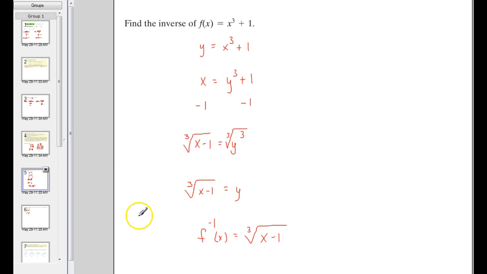Now let's see what happens if we try to do that with f of x equals x squared. If I take the f of x notation and replace it with y, I get y equals x squared, and then switch x and y, I get x equals y squared. Now, to solve for y, instead of a cube root like we did in this problem, I need to take a square root.